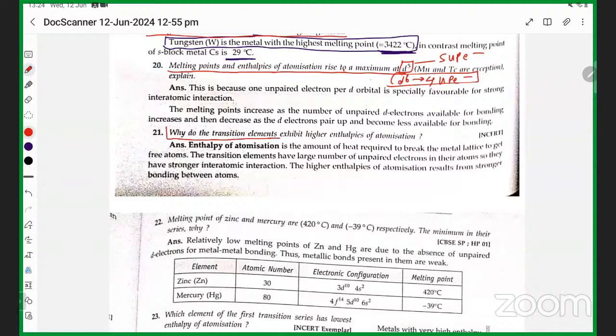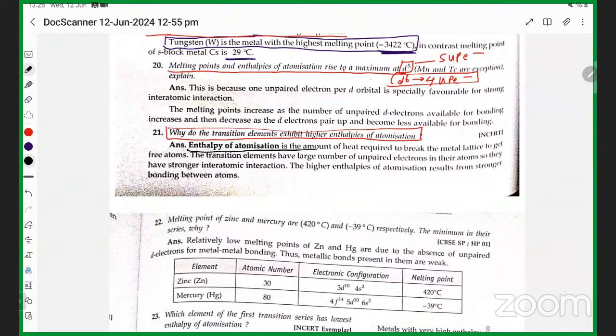Why do transition elements exhibit high enthalpy of atomization? Enthalpy of atomization means conversion into atoms. You are going to convert the metal into atoms. Since they have strong bonds, you have to break the bonds to convert into atoms.